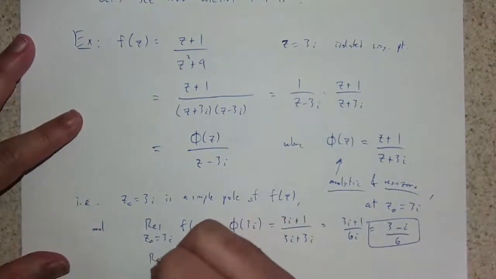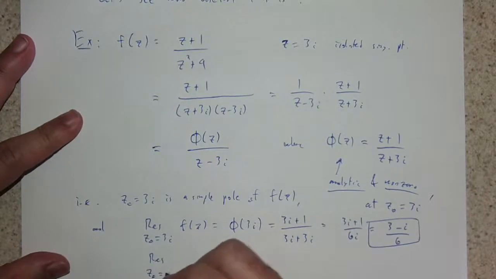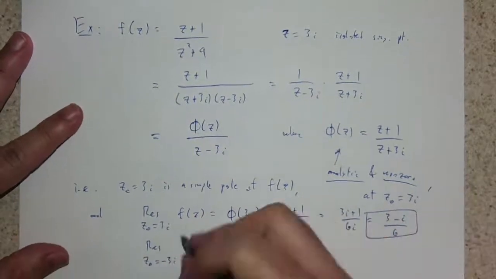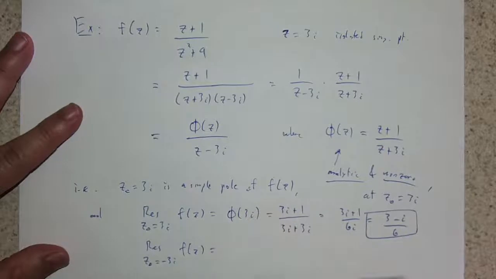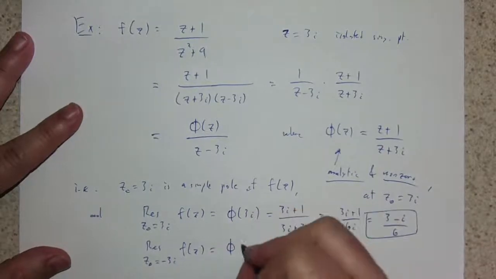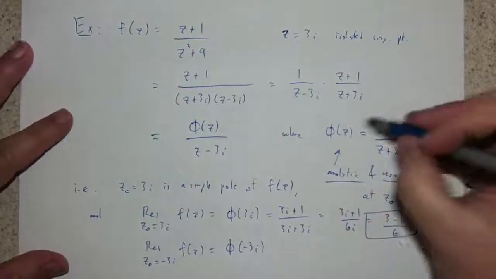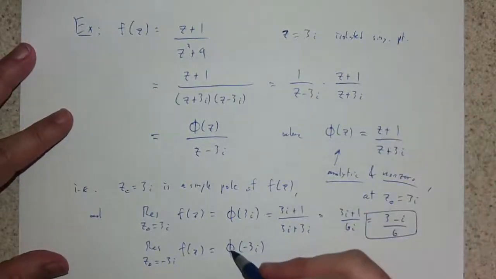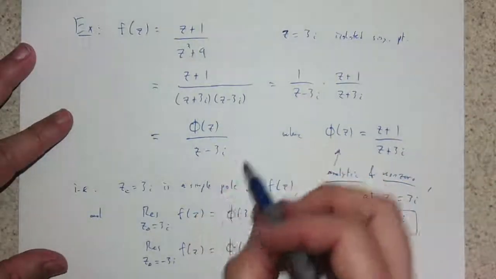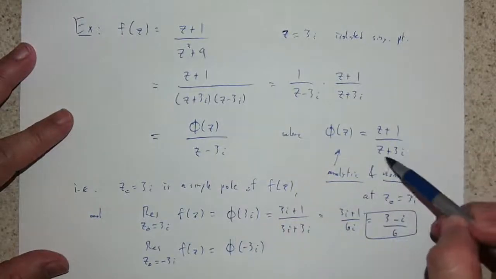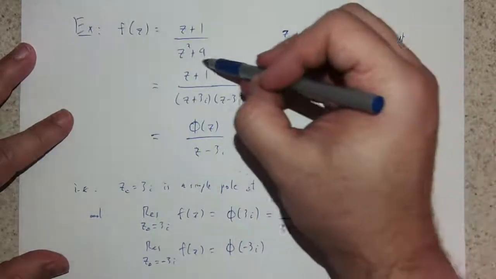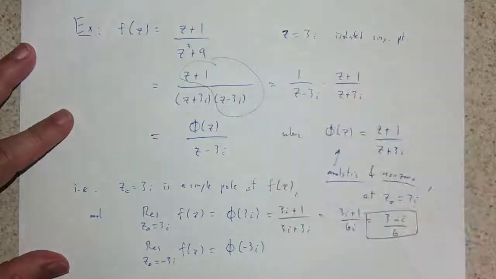Similarly, the residue at minus 3i of f of z is phi of minus 3i, where the phi in question is different. Instead of being z plus 1 over z plus 3i, it would be z plus 1 over z minus 3i.